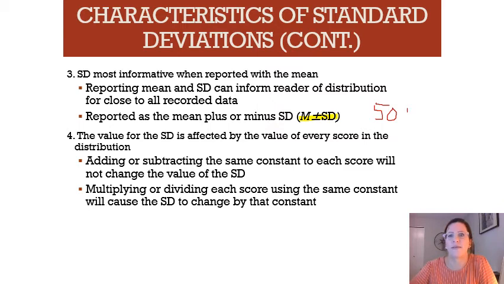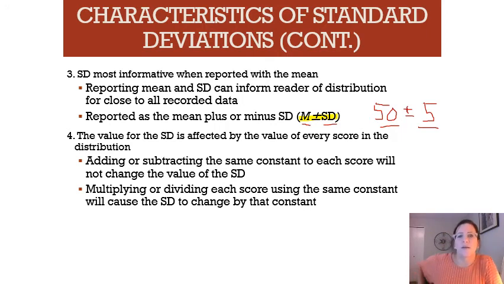I would do plus or minus 5. And I know this is very sloppy, but that is how it would be reported. It's automatically assumed the mean comes first, then the plus or minus is standard deviation. Plus or minus meaning the scores on average deviated from the mean above and below the mean by 5 points. So you know that one standard deviation above the mean of 50, the score you would find would be 55, because 50 plus 5 is 55, if that makes any sense, and it will down the road.